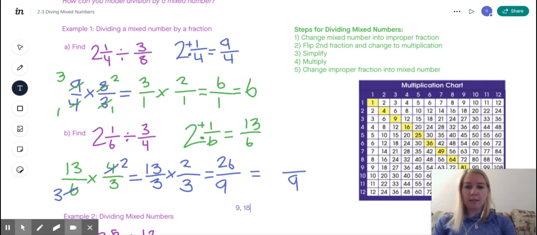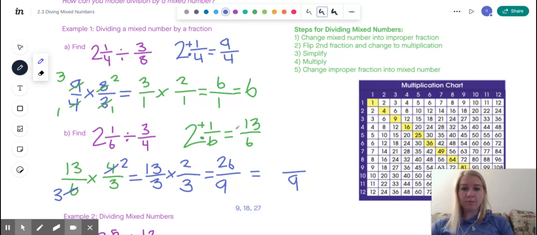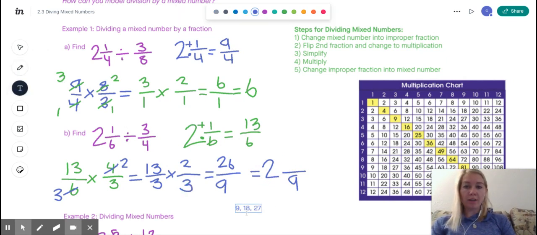9, 18, 27. Oh, that's as close as we can get. So now we count how many multiples of 9 get as close to 26, but not over. 1, 2. So our whole number is 2. And now we need to do some subtracting to figure out what our numerator is.